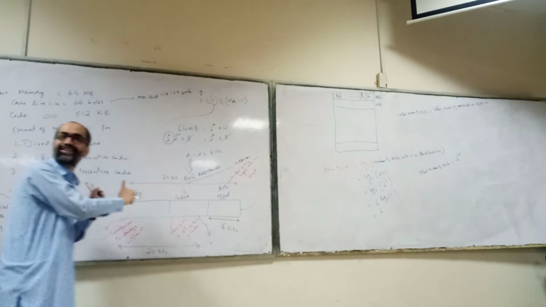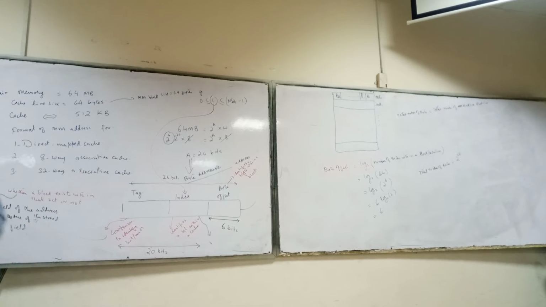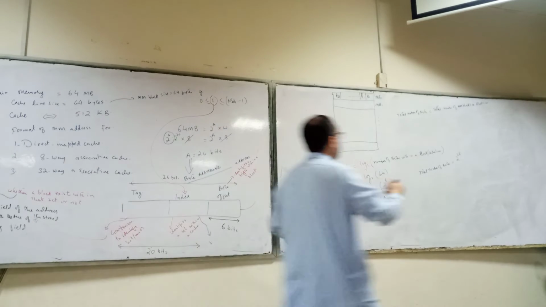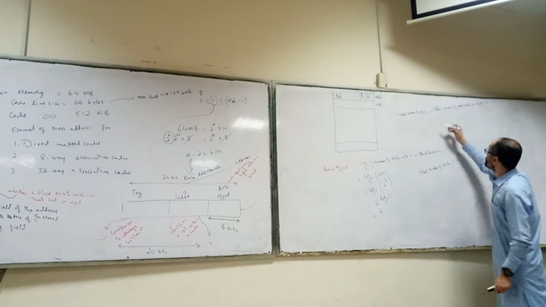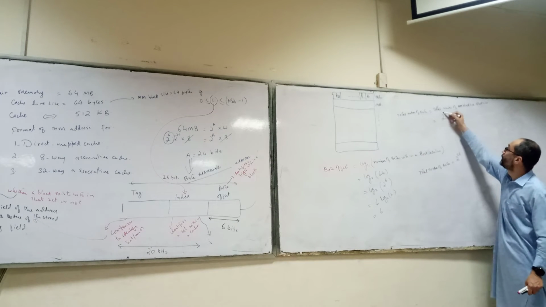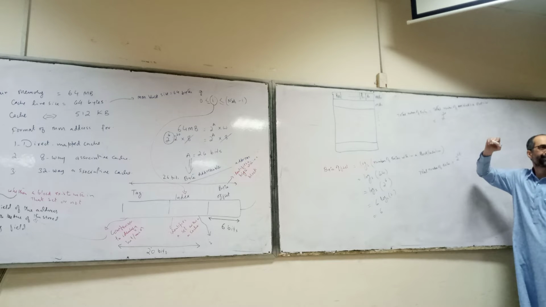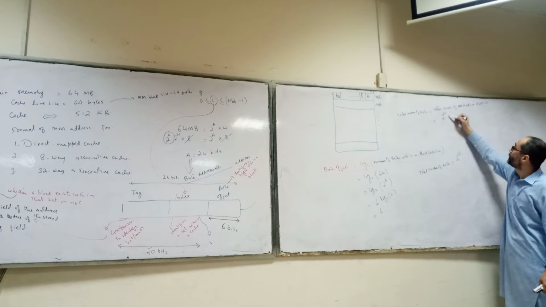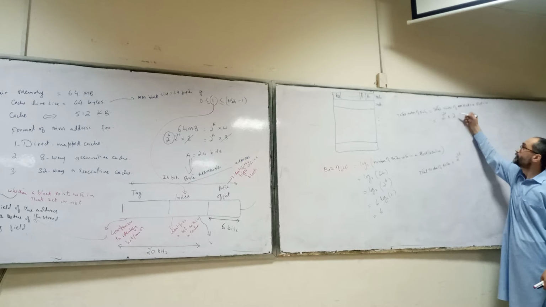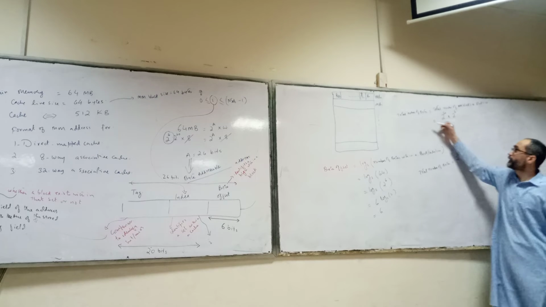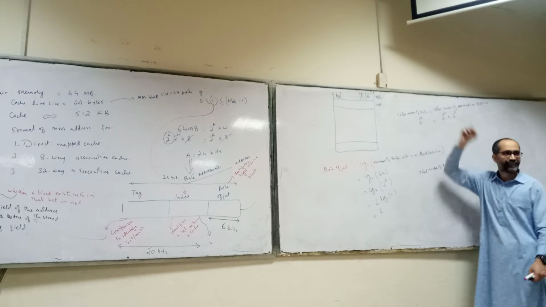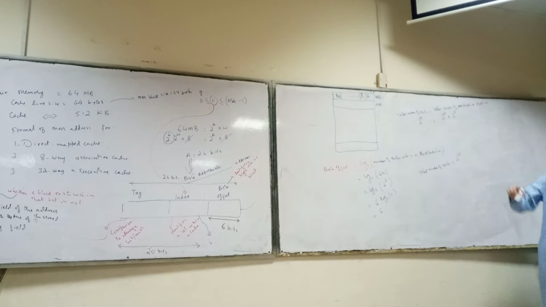How many bits are left? 20. So how many blocks can you store? 2 to the power 20. So the total number of memory blocks is 2 to the power 20, multiplied by the block size, 2 to the power 6. The total number of bytes is 2 to the power 26.